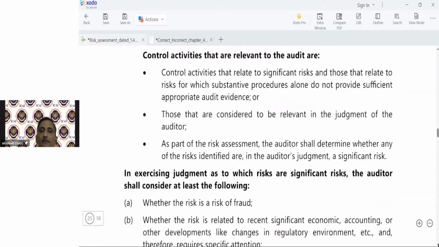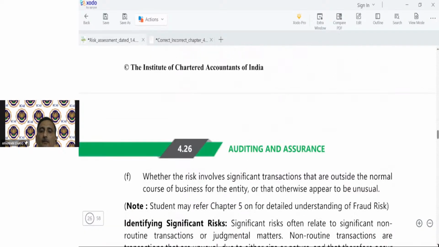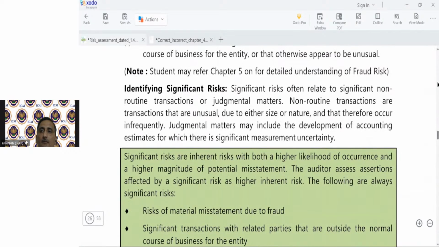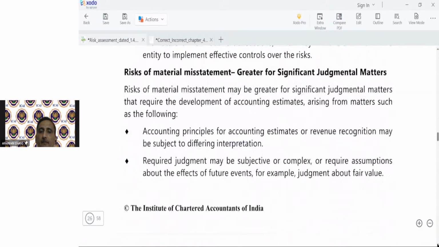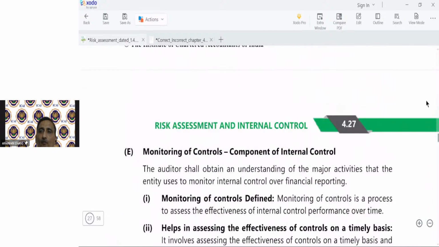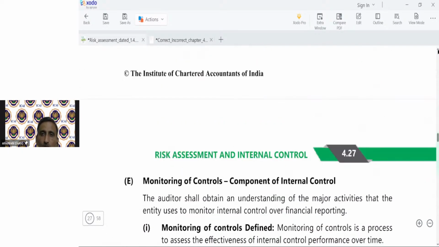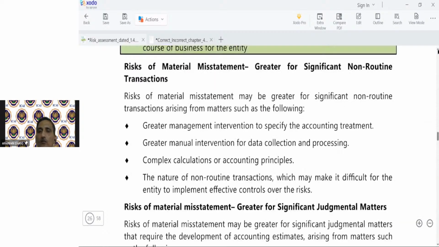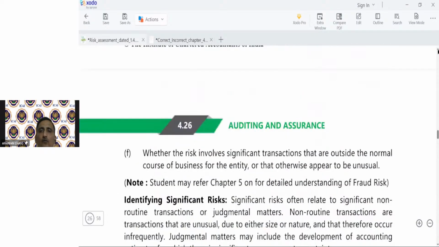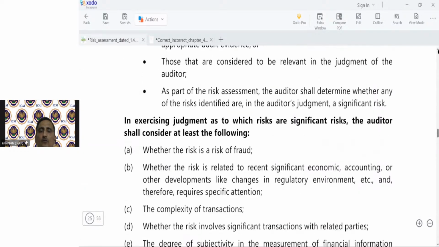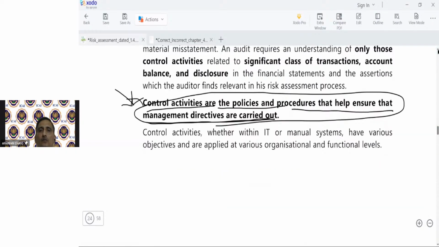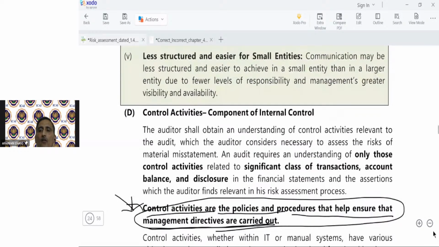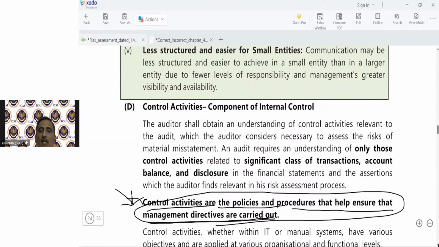Now we'll see. First we'll see, then we'll come back to this topic, significant risks. So we can have a look at the chart, at the diagram.